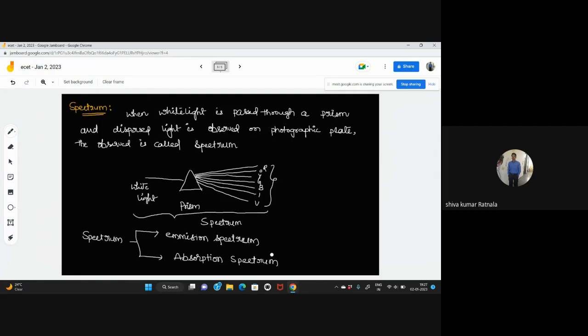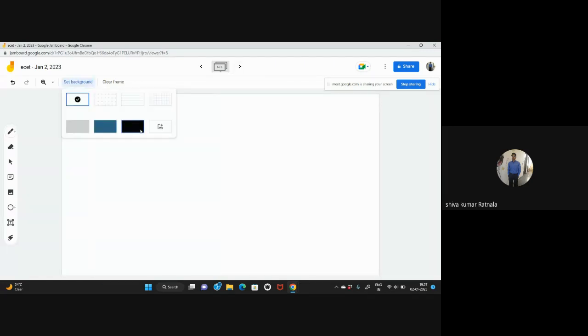And if an electron jumps from a lower level to a higher level, absorption of energy takes place. That absorbed or emitted energy is in the form of h nu, which we call radiation. If the emitted light is passed through a prism, the spectrum we observe is known as the emission spectrum. If the absorbed light is passed, then it is the absorption spectrum. Now in our topic we have only the hydrogen emission spectrum.